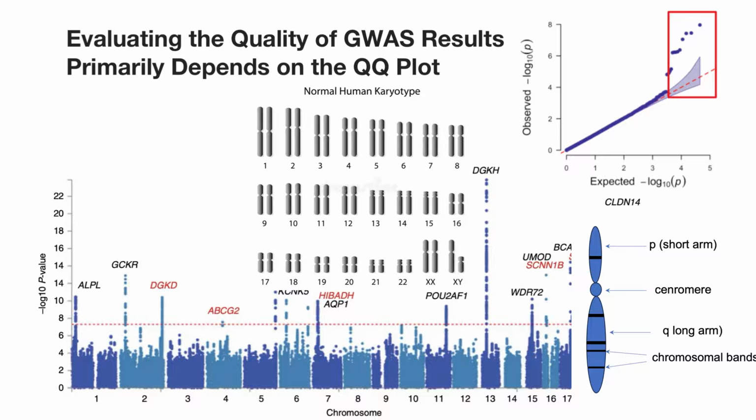Researchers collect DNA from thousands of people, or it can be plants or animals with a specific trait, and compare it to DNA from a similar group without that trait, which we call controls. Instead of looking for a single gene, genome-wide association studies scan the entire genome for small variations called SNPs, or single nucleotide polymorphisms, and results are reported in the form of a Manhattan plot, which got its name because it resembles the skyline of Manhattan.